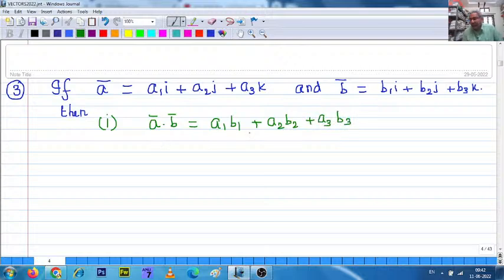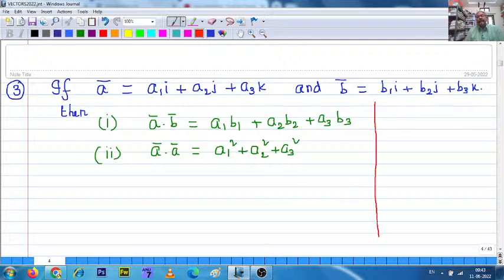Now the second point, what is a dot a? Just think, a dot a means you will be getting a1 square plus a2 square plus a3 square.